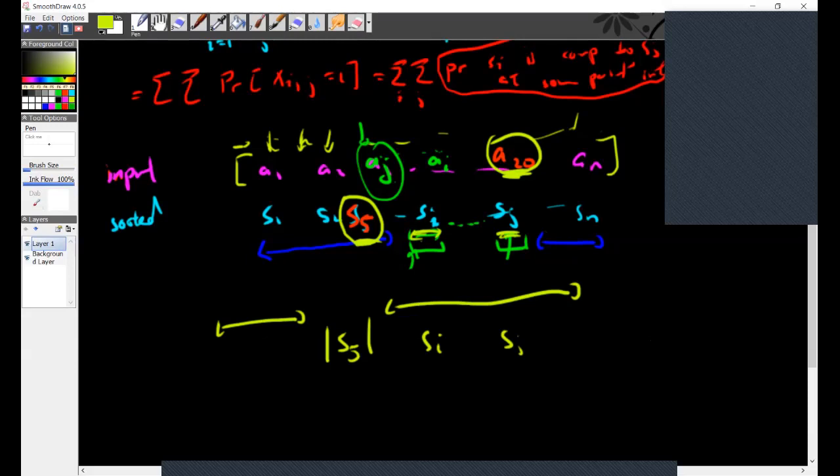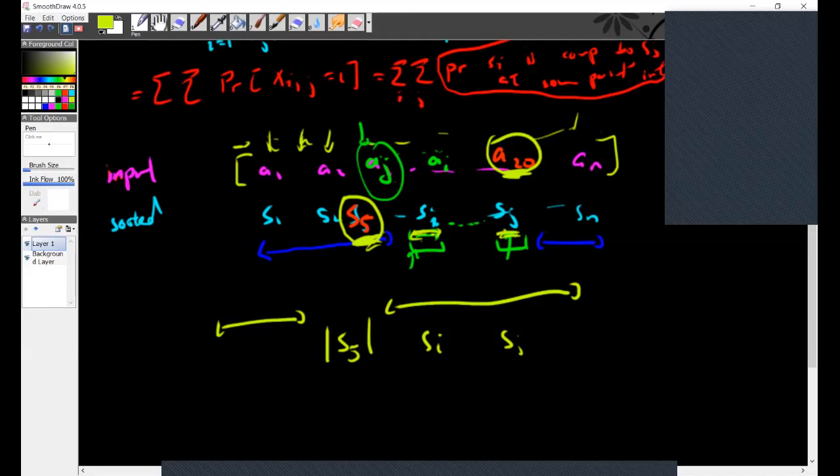So given that I know that S5 was picked as a pivot, can I say something conclusive about whether SI or SJ was eventually compared or not? The answer is no, right? I don't know. Because for all we know, further down in this recursive call, eventually SI is going to be picked as a pivot or SJ is going to be picked as a pivot, right? So what I'm saying is that if some element to the left of both SI and SJ was picked as a pivot in the input array, I can't say whether they're being compared or not.